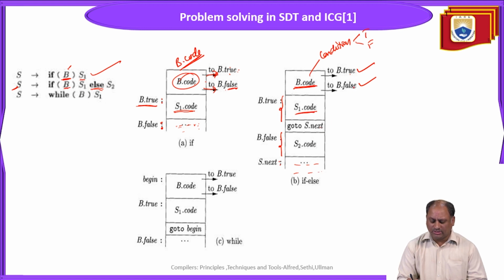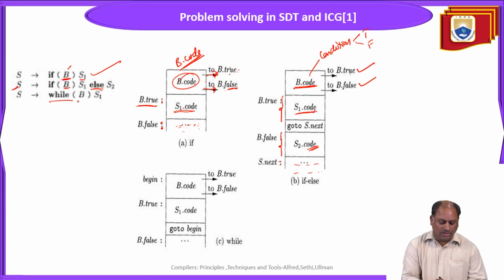Suppose false is executed, then it won't execute the true block. It executes only the S2 dot code, and it goes to the next sequence of statements after continuation of this one. So these two, true and false blocks, are to be executed based on the condition satisfied.